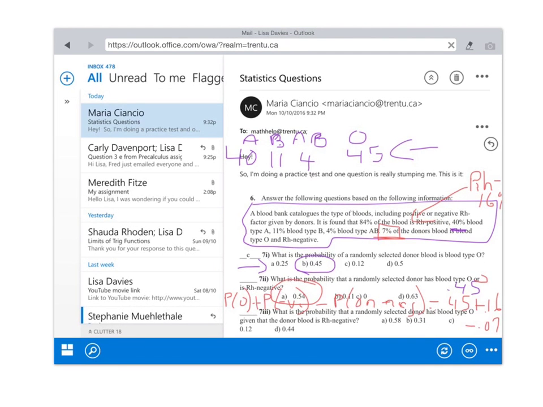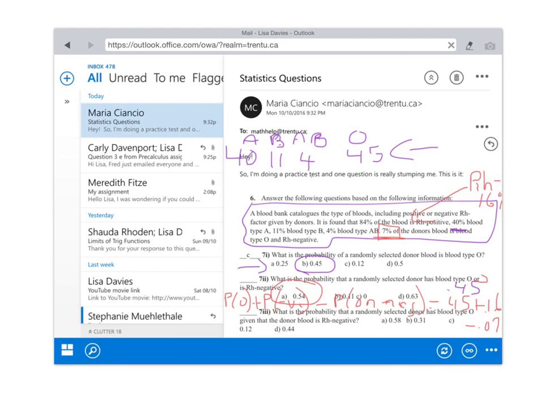All right, for the last question, number 7 part 3, that's a conditional probability question. They're asking for the probability that it's type O blood if we already know that it's Rh negative.